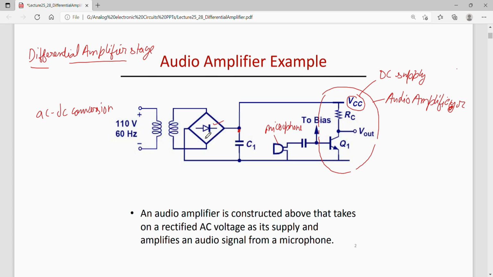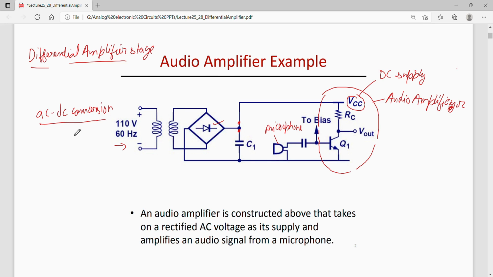This diode rectifier converts AC to DC. So the input is AC over here, and at this end you get DC, which is being used as VCC in this circuit.